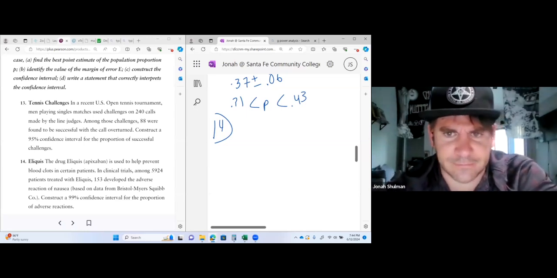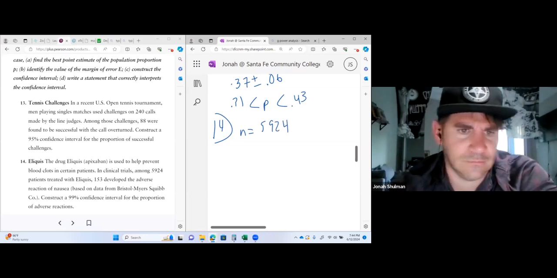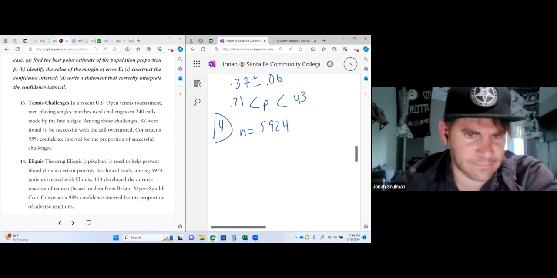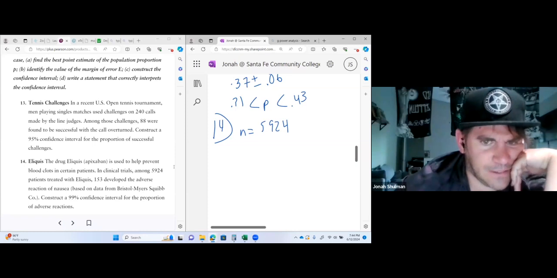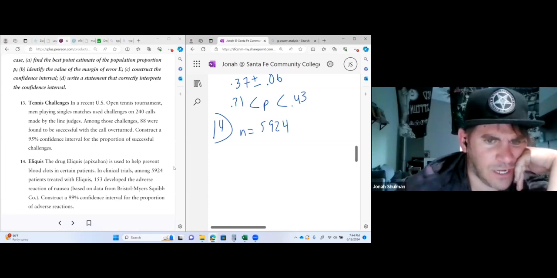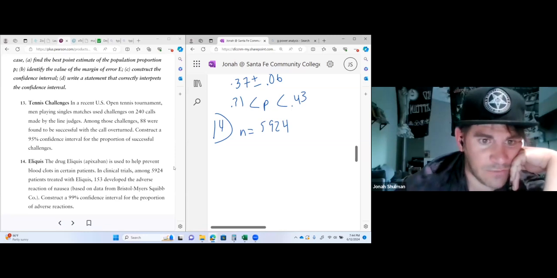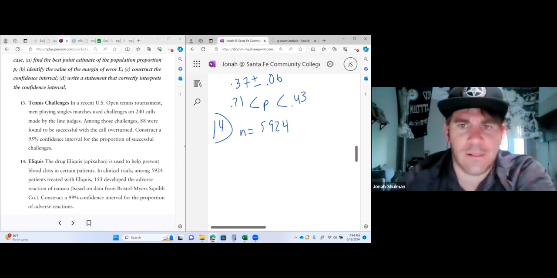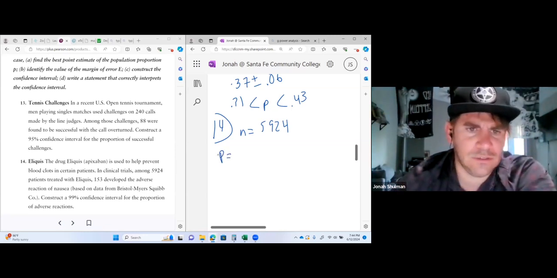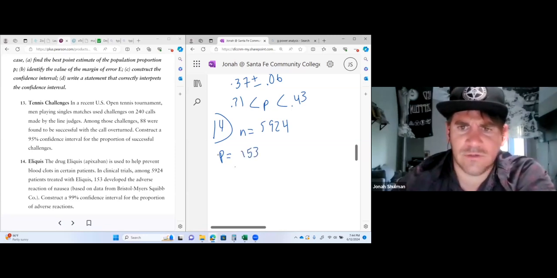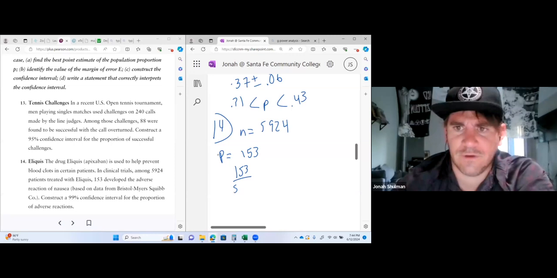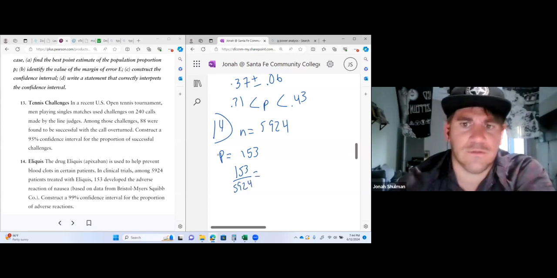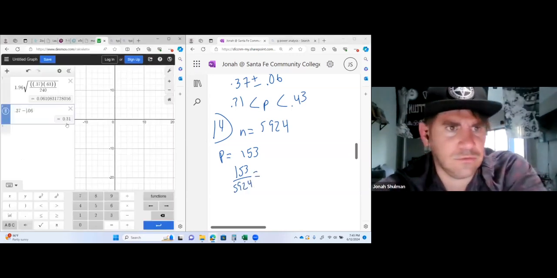So here's our N. In clinical trials, 153 had an adverse reaction, and they want the adverse reaction. So basically I have to do 153 divided by 5924. This is going to be my first percentage.